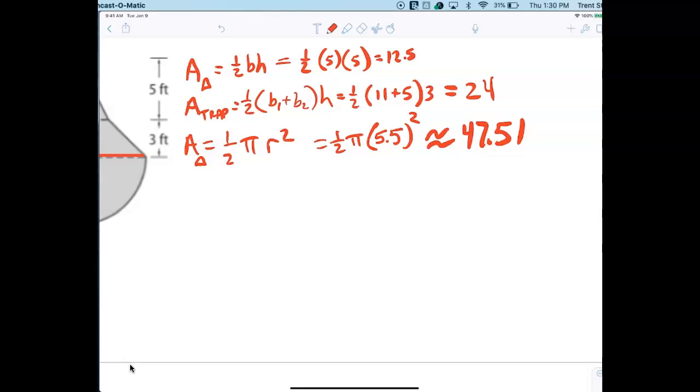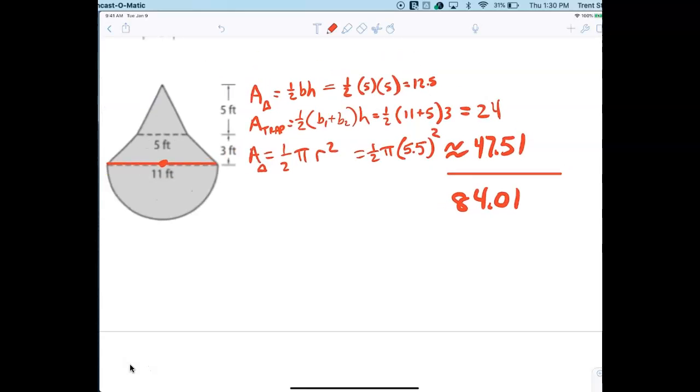Did you get that? Yeah, I got 47. Thank you. All right. So now the total, what am I doing? 12.5 plus 24 plus 47.5 is what? Approximately 84.01. 84.01 what? Feet squared.